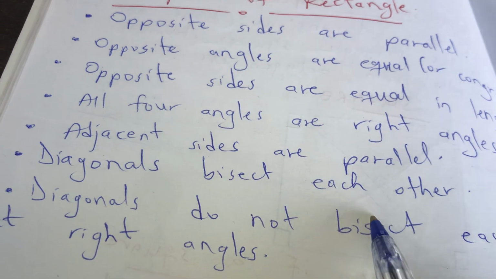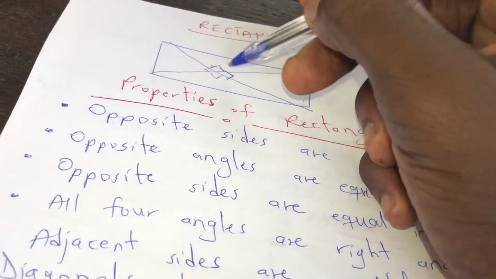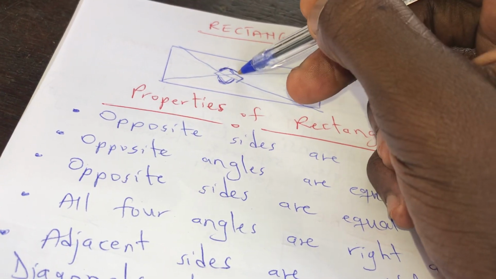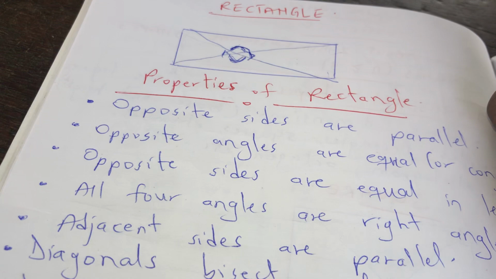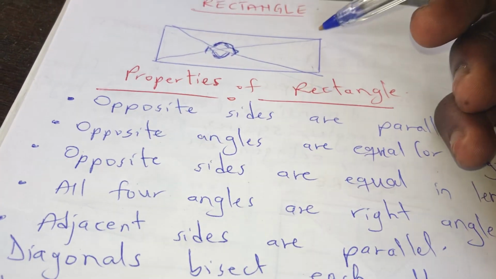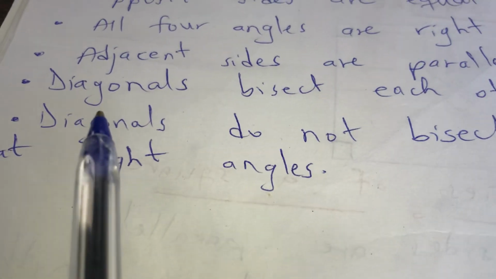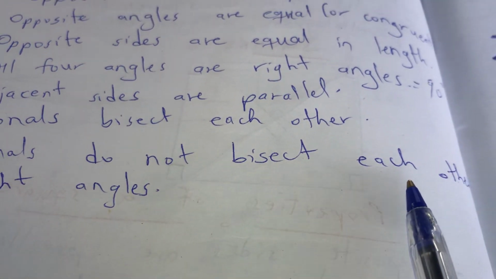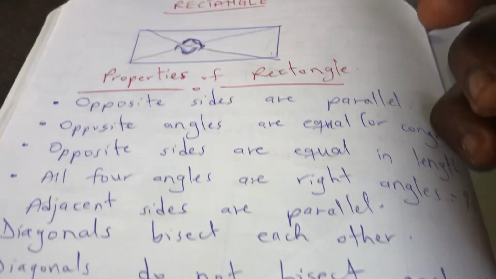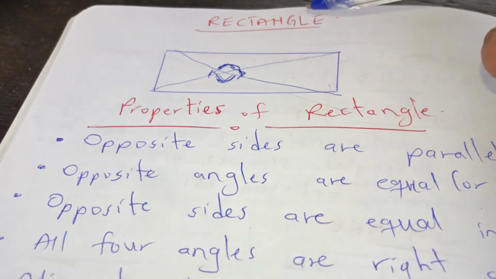Diagonals bisect each other, but not at right angles. So this place is not 90 degrees. Here is not 90, here is not 90. The diagonals divide themselves, but the last property is that diagonals do not bisect each other at right angles. This angle, this angle, this angle, this angle, it's not 90.